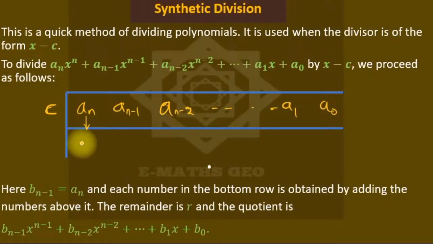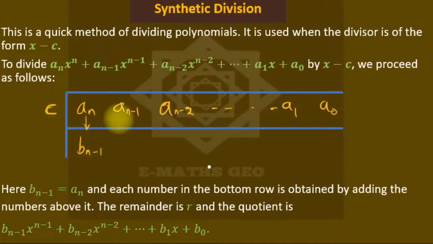Formally in the solution we write a subscript n, but in terms of this algorithm, let's write it b subscript n minus 1. It just means bring down a subscript n. So the next step is to multiply c by b subscript n minus 1.